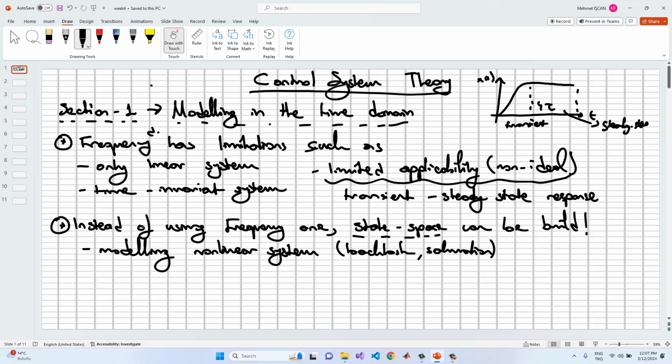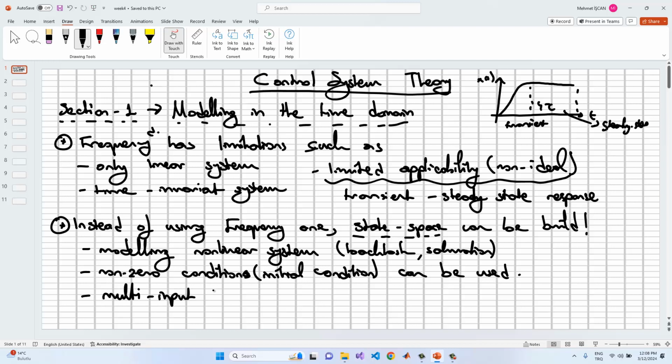We can also give non-zero conditions, which means that initial conditions can be added to this domain in the time response. And we can also use multi-input, multi-output systems.